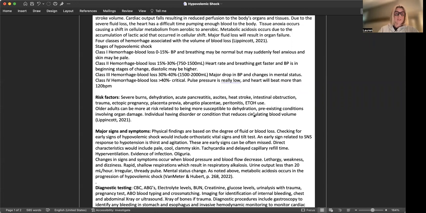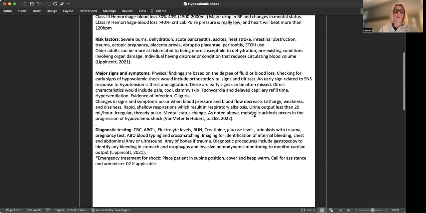Older adults tend to be more at risk, related to being more susceptible to dehydration and pre-existing conditions involving organ damage that's already there. Individuals having disorders or conditions that reduce circulating blood volume will also be more at risk.